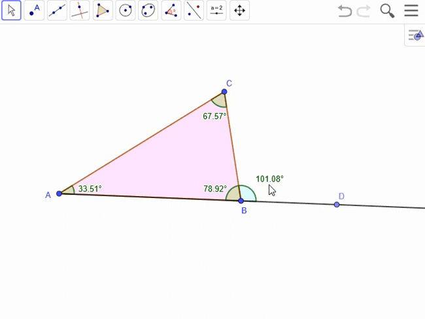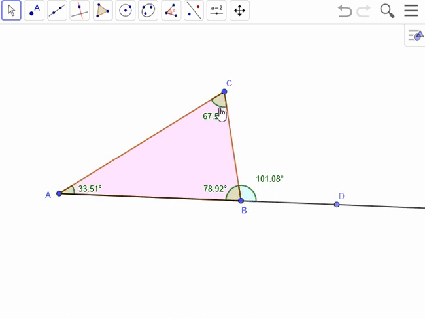And we already knew that since this forms a linear pair, these 2 angles are supplementary to each other. But then we also learned that this exterior angle was equal to the sum of the remote interior angles. The remote interior angles were the 2 angles inside the triangle that were not adjacent to the exterior angle.